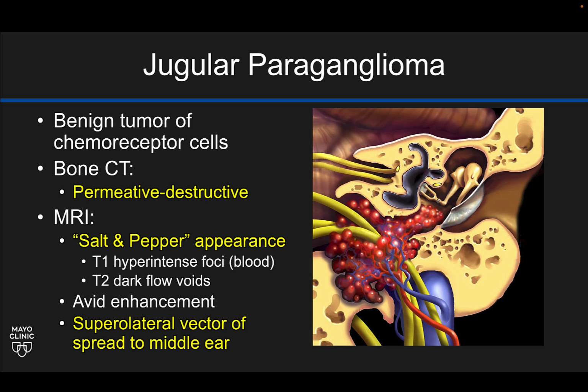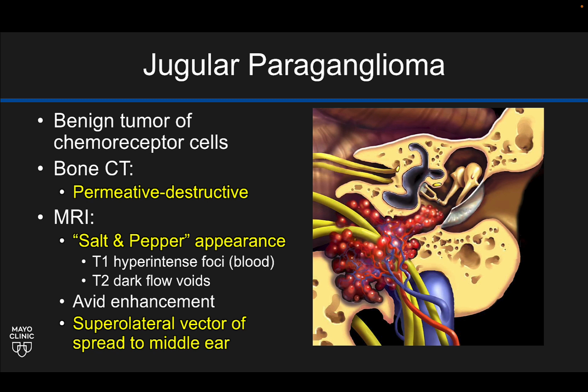Those T1 bright foci are due to blood products. And then our pepper, typically best seen on T2 weighted imaging, but we certainly can see it on the T1 post-contrast sequences as well, corresponds with the high velocity flow voids. So the dark things are the pepper, the bright things are the salt. Kind of cute terminology, but it's very characteristic of paragangliomas within the head and neck.